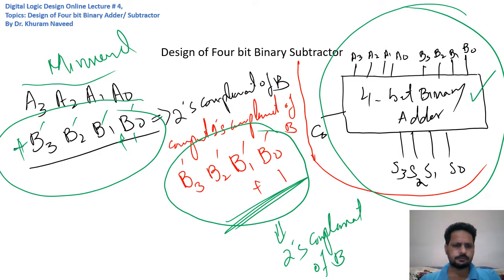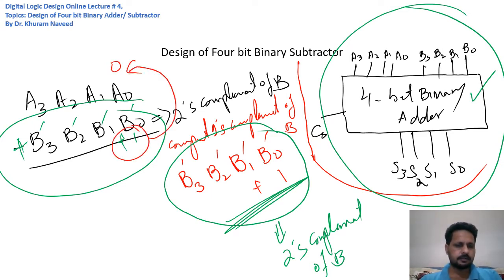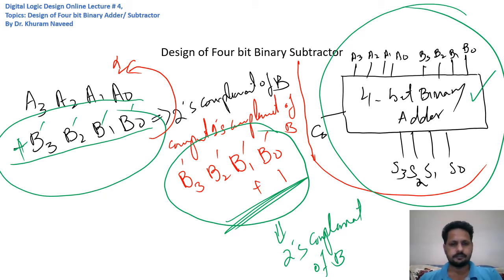So it is important to see that generally the first carry is 0, right? So this means if we take this 1 here and make this first carry 1, then we will be able to add this 1 into B without any extra hardware, right?